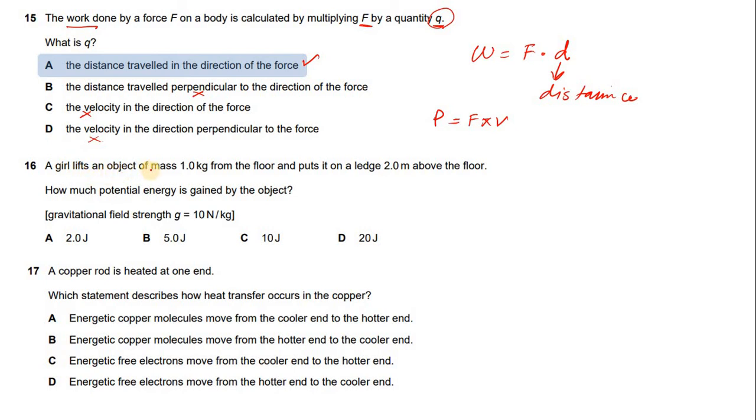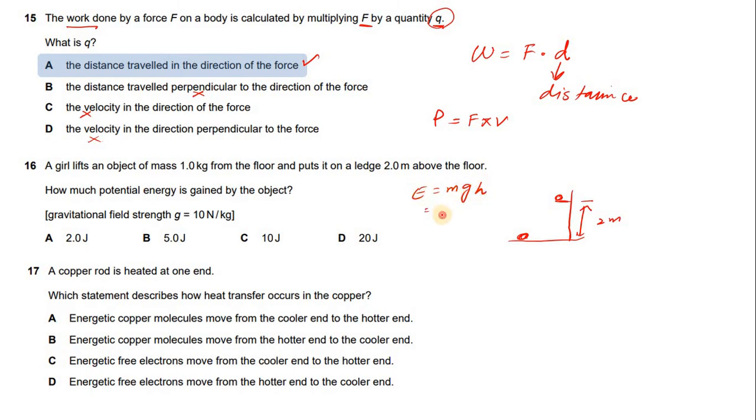A girl lifts an object of mass 1 kilogram from the floor and puts it on a ledge 2 meters above the floor. How much potential energy is gained by the object? So from the floor, an object of mass 1 kg is lifted and then put there, and this height is 2 meters. How much energy? So the energy gained by the object is gravitational potential energy, which is E is equal to mgh.